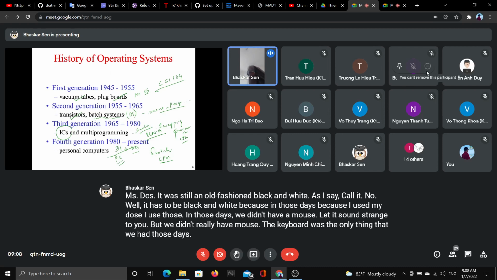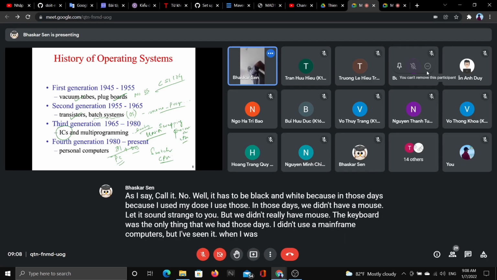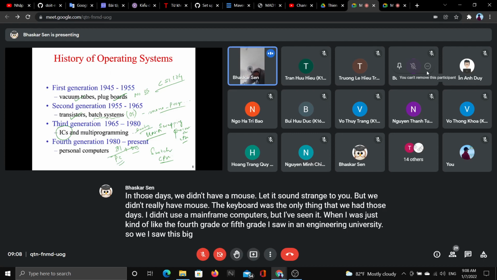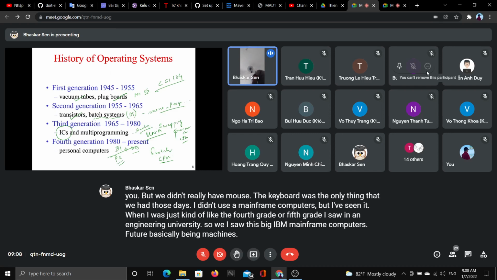I didn't use the mainframe computers, but I've seen them when I was in the 4th or 5th grade. I saw them in an engineering university. I saw these big IBM mainframe computers, which are basically big machines. Those machines didn't even have keyboards.